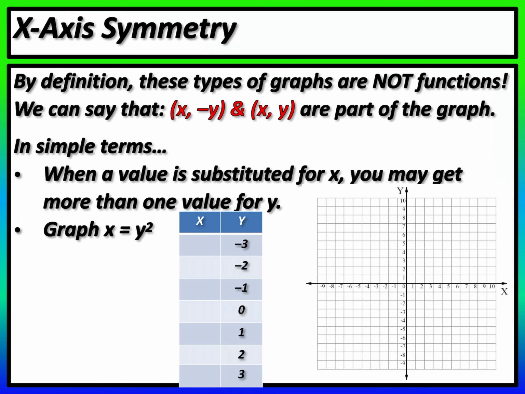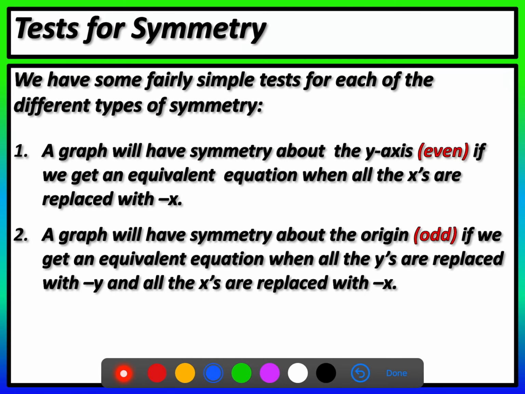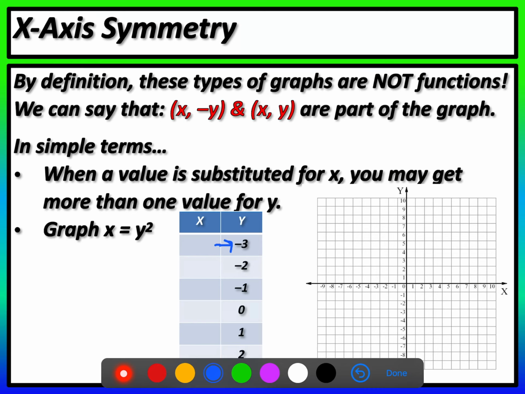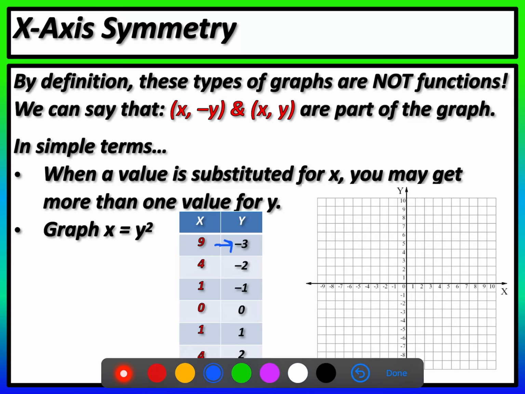All right, and our third one here, x-axis. These are not actually functions, because the same x value is producing two different y's. So you can see here, 9 maps to -3, and 9 also maps to +3.